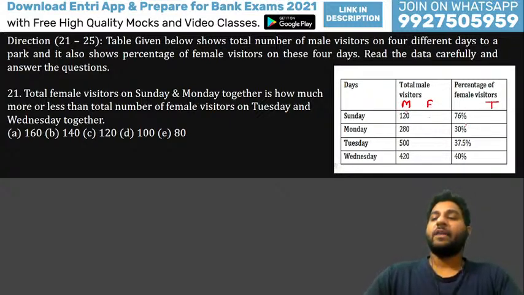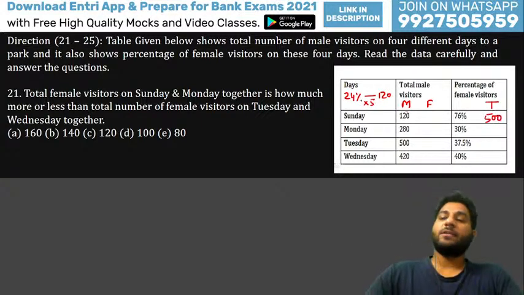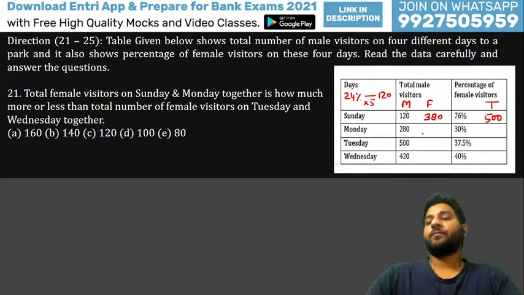If 76% were female visitors, that means 24% were male visitors, and that 24% has to be equal to 120. So 1% equals 5. So total visitors were 500, and if male visitors were 120, that means female visitors must have been 380.